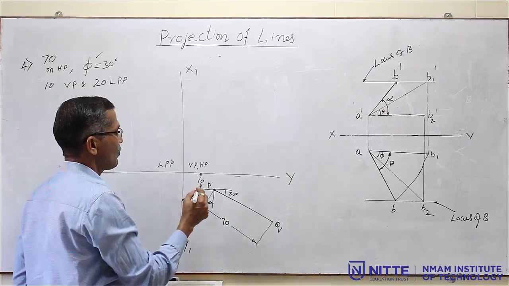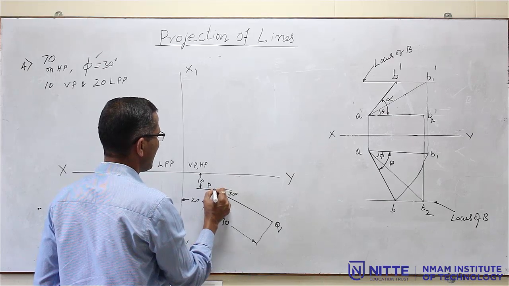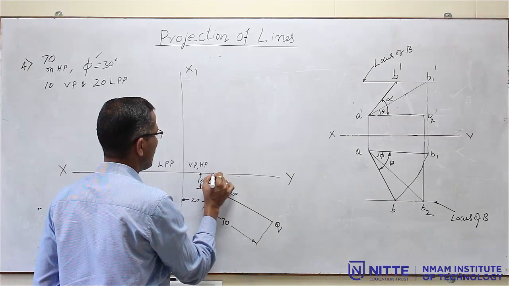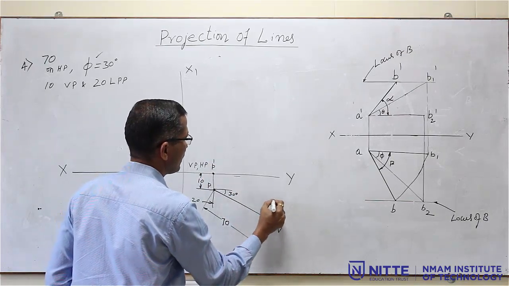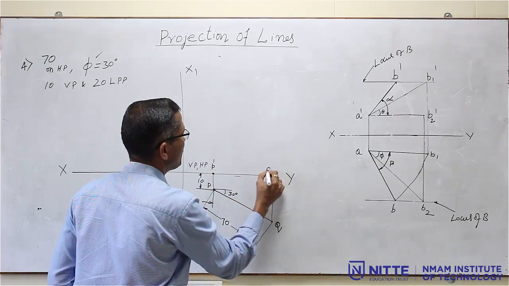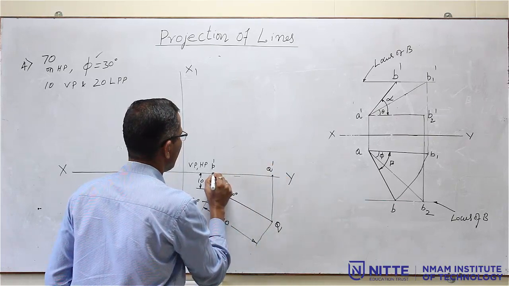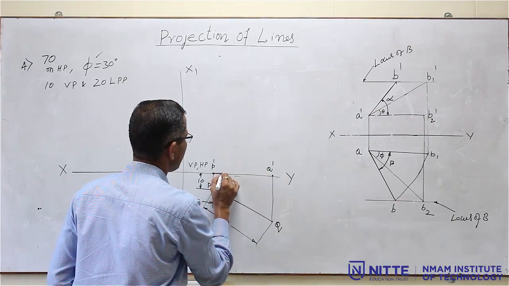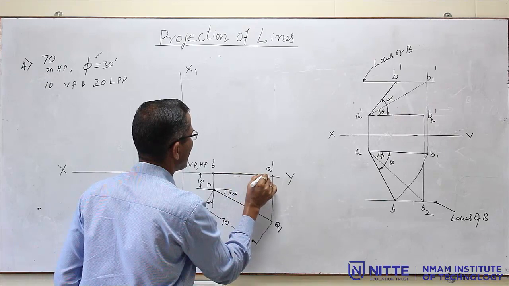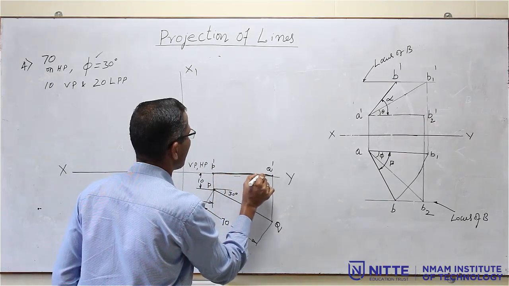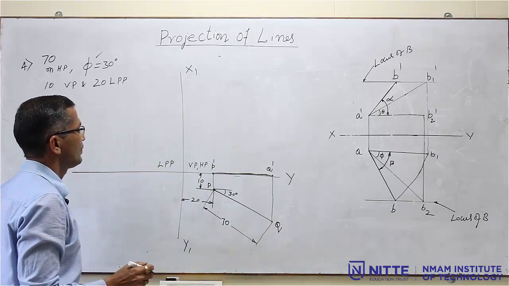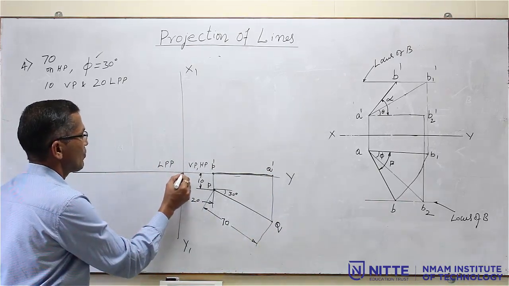Now, I have to draw the front view for this, since it is on HP. So, this will be P dash and this point will be Q dash, and make this line on the XY line itself, not separate. Make it a little dark, P dash Q dash. Now, you have to draw the profile view.